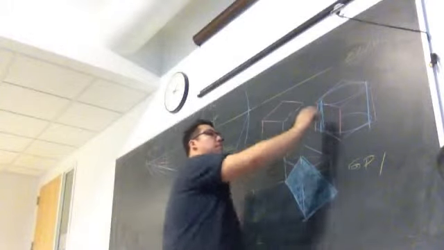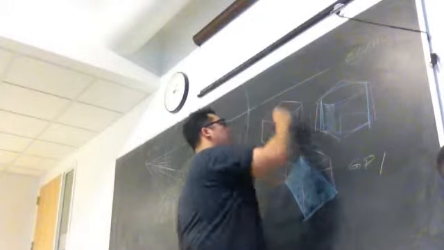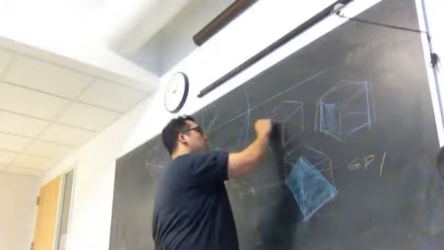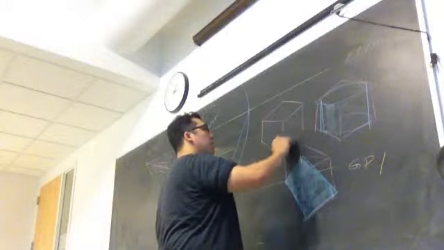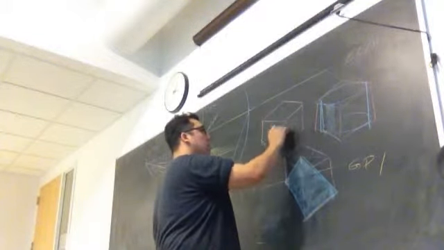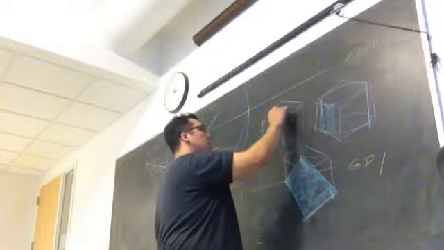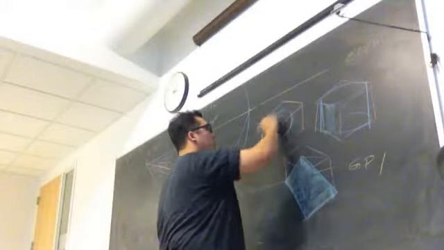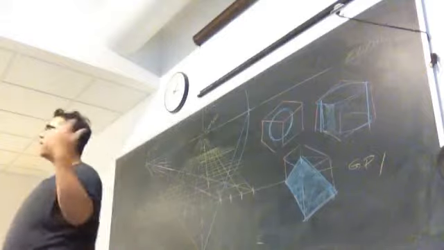Two shapes. Three shapes. A sphere within a cube. Okay?